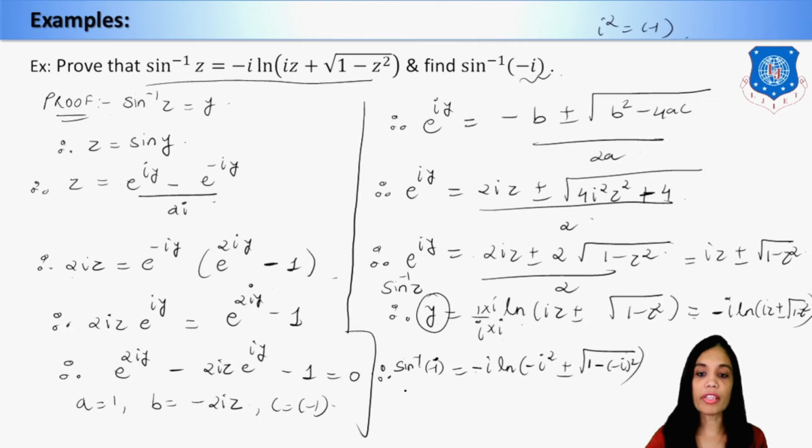So let us simplify this. So the answer will be minus i times ln. The answer of i square is what? Minus 1. So we will have plus 1 plus or minus. Now this i square will be what? Minus 1 and minus minus plus. So here we will have under root 2. So the answer of sine inverse of minus i is this.